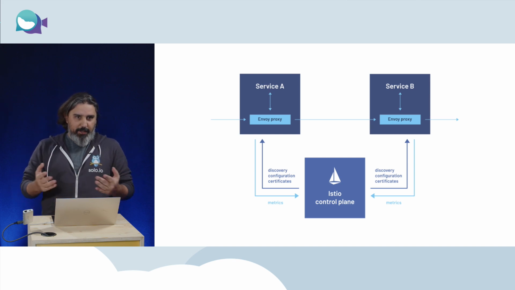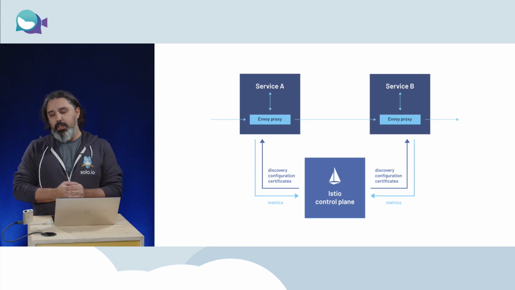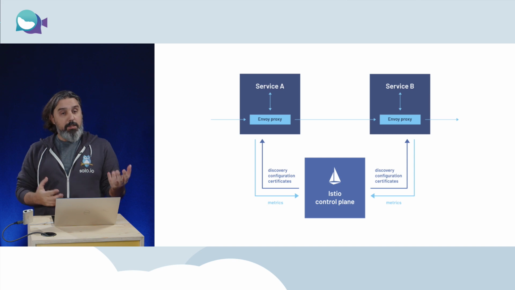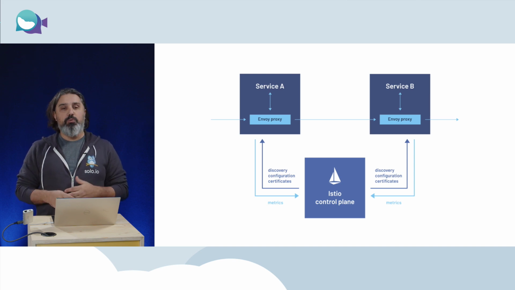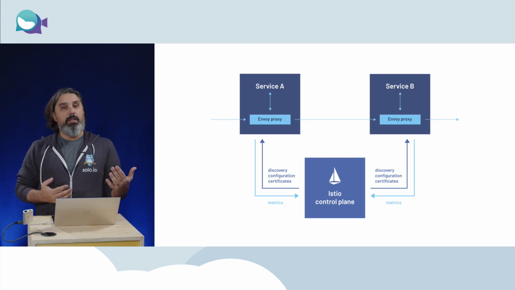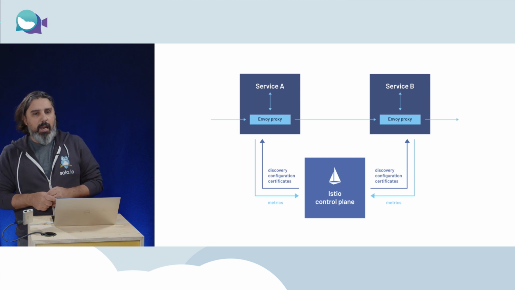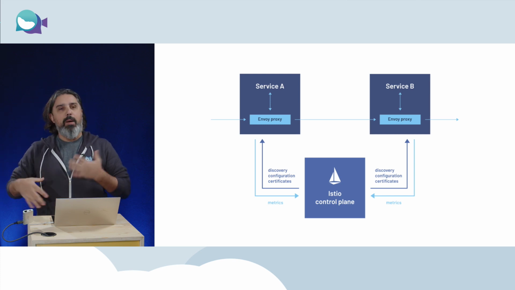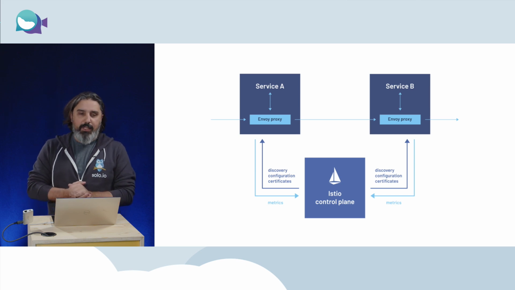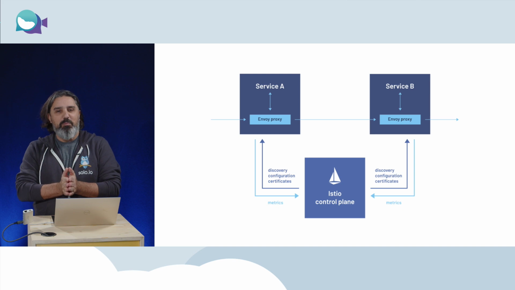This container runs the Envoy proxy, a very low footprint proxy that sits next to your application and hijacks the traffic in and out of your pod. That's classically done by reprogramming the IP tables in the pod namespace, right? So the whole point of this talk is to show that there are other ways to do it.